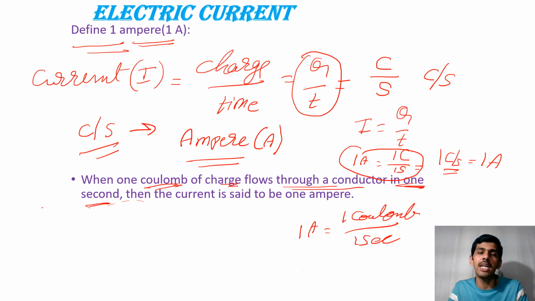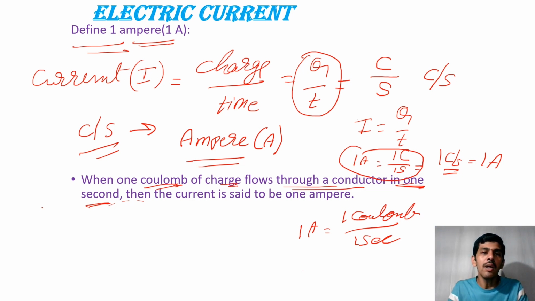That is the definition of 1 ampere. So we have defined 1 ampere already. What is the definition of 1 ampere of current? When 1 coulomb of charge flows through a conductor in 1 second, the current is said to be 1 ampere.